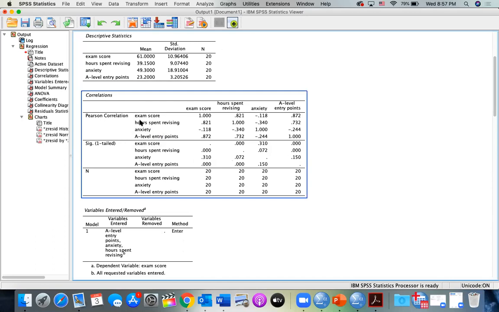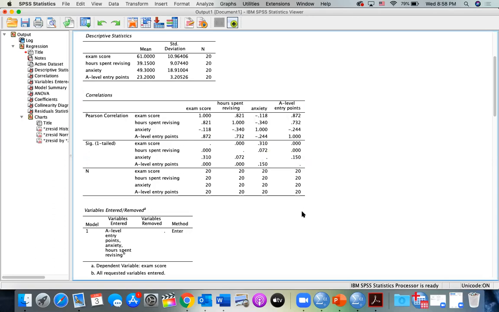It just tells you which variables are highly correlated to each other and whether the correlation is significant or not. So if you look at the exam score, you can definitely see that it's highly correlated with hours spent revising, with A-level entry points as well, but it's not highly correlated with the anxiety score. And it's not significant as well. This is what we actually want from this table.